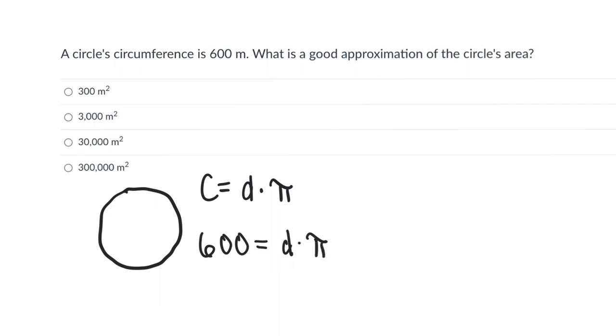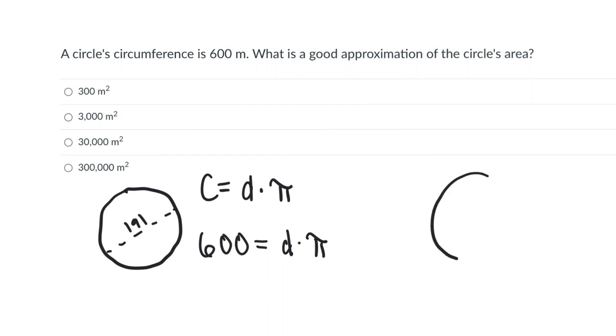Well, if we want to undo multiplying by pi, we can just take our circumference and divide it by pi. And we got that my diameter across is about 191.